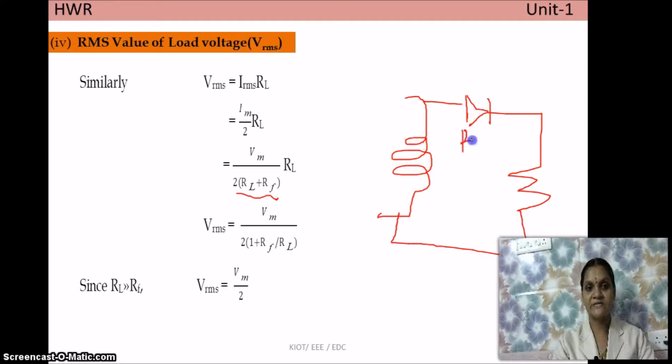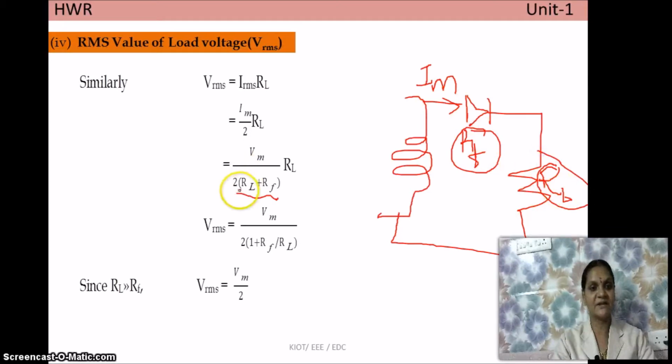The resistance of the diode is RF, and this is the load resistance RL. The current flowing through this circuit is taken as Im. The maximum current depends on the resistance in the entire circuit. These two are in series, so the total resistance is RF plus RL. That's why it is RF plus RL here.